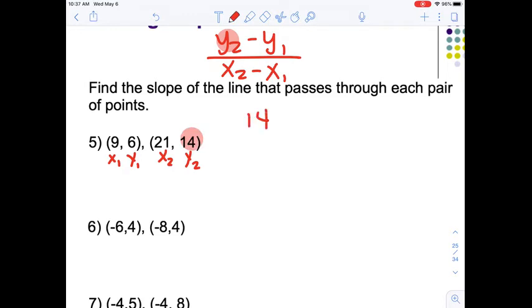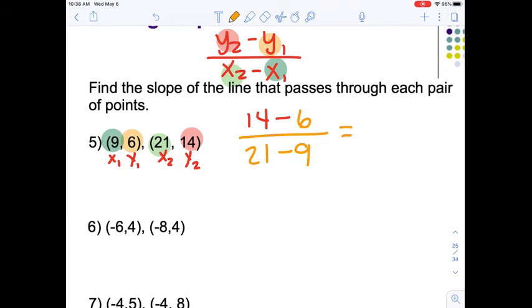So y2 is 14. So I plug in 14 for y2. Then I have minus y1 is 6. So 14 minus 6 goes on top. And then I have x2, which is 21. And I have x1, which is 9.